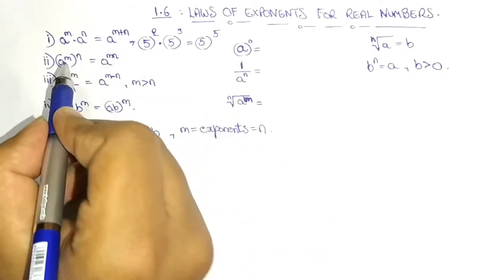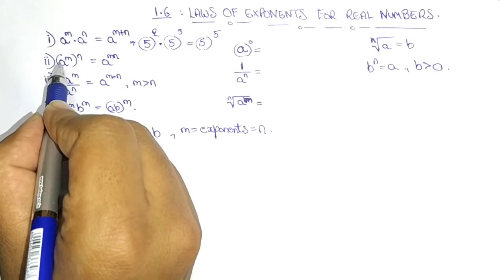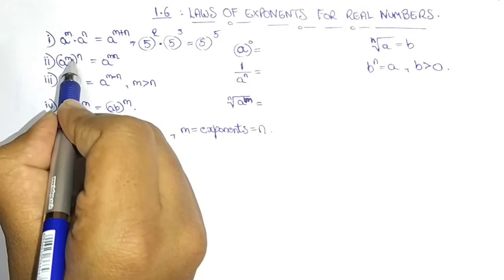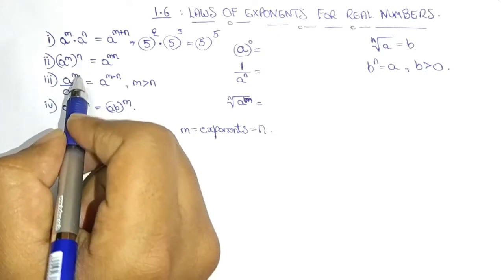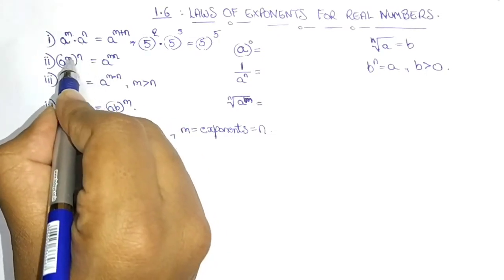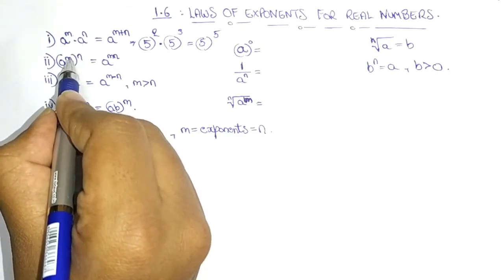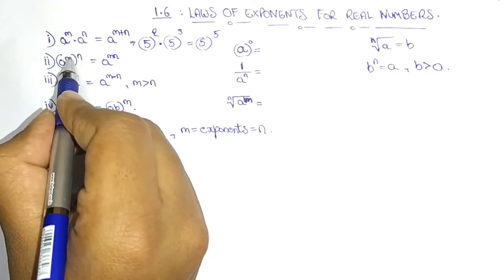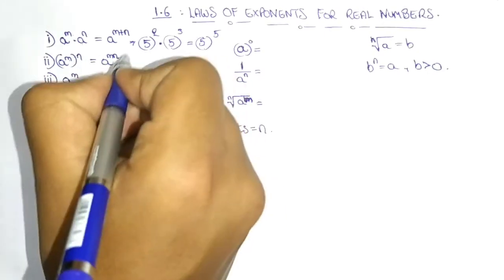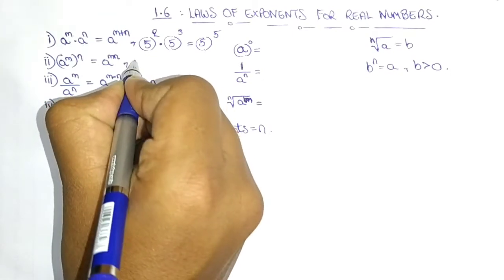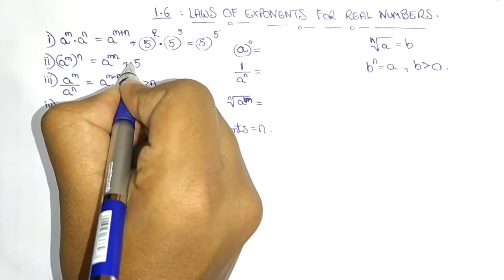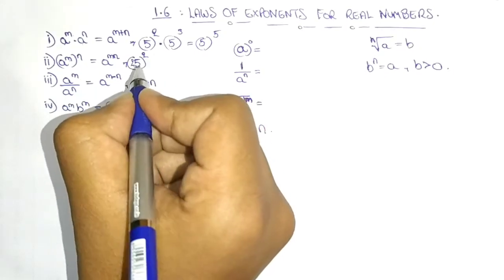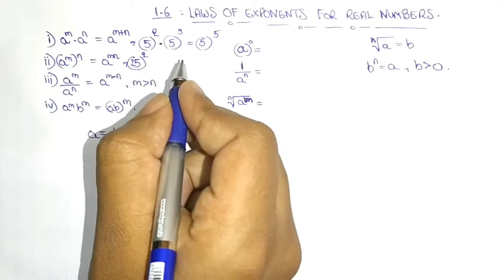And with the same thing here, if we have A power M, some number power M, and whole power N, then the inner exponent is multiplied by the outer exponent, that is, multiplication of these exponents. In the sense, let us take 25 power 2. You know 5 into 5 is 25.